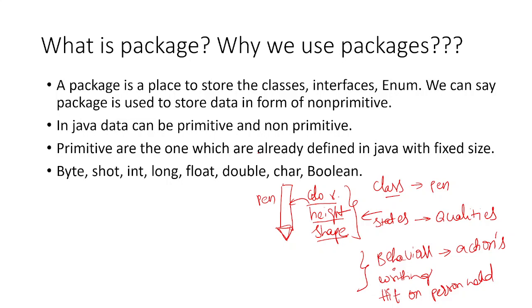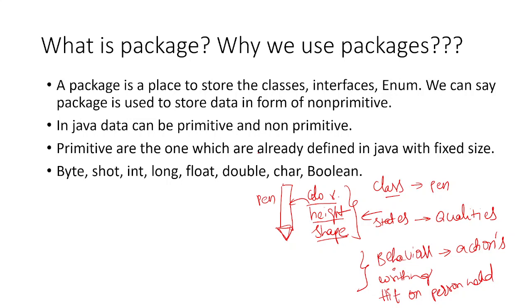After that, enum is a type which is used to create constant data types. If we say weekdays like Sunday, Monday, Tuesday, Wednesday, these are constant types. If we see types of trees, they are constant, like oak tree and neem tree. All these trees are constants. We can define those types of constants by using the enum data type.